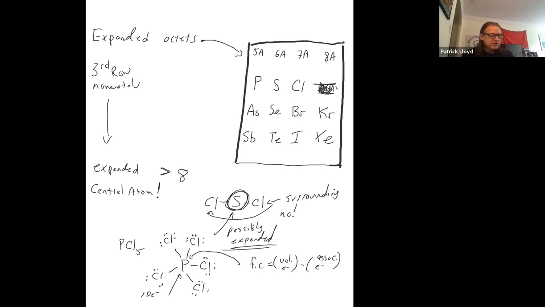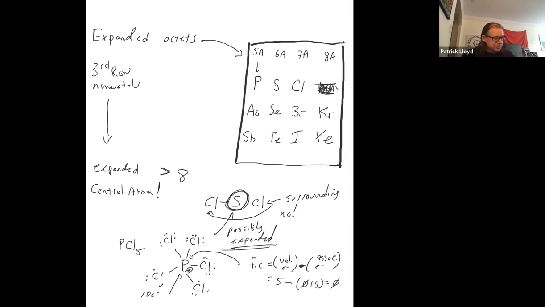The associated electrons were lone pair electrons, which give you 2, and then a bond is 1. The phosphorus doesn't have any lone pairs, but it has 5 bonds. Phosphorus is in group 5A, so it's 5 valence electrons minus no lone pairs plus 5 bonds. Look what you get. You get 0. It has a formal charge of 0.